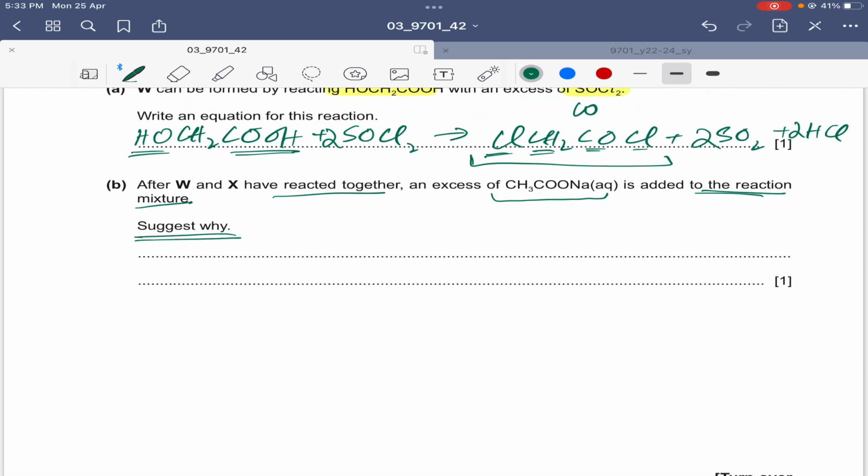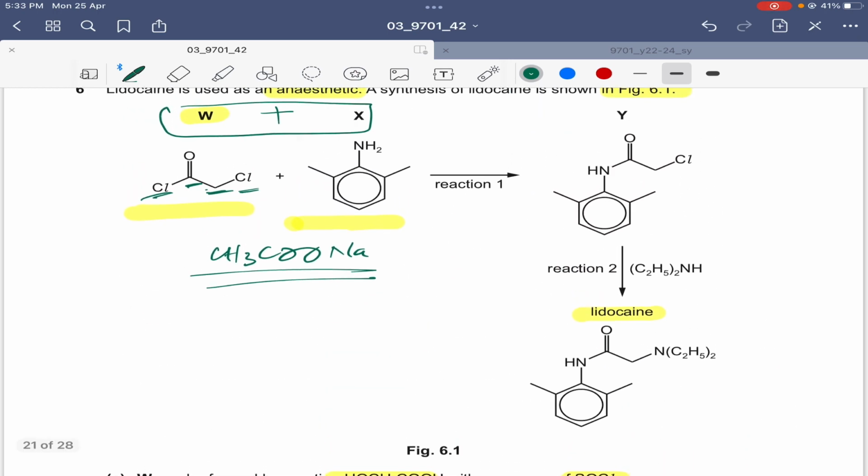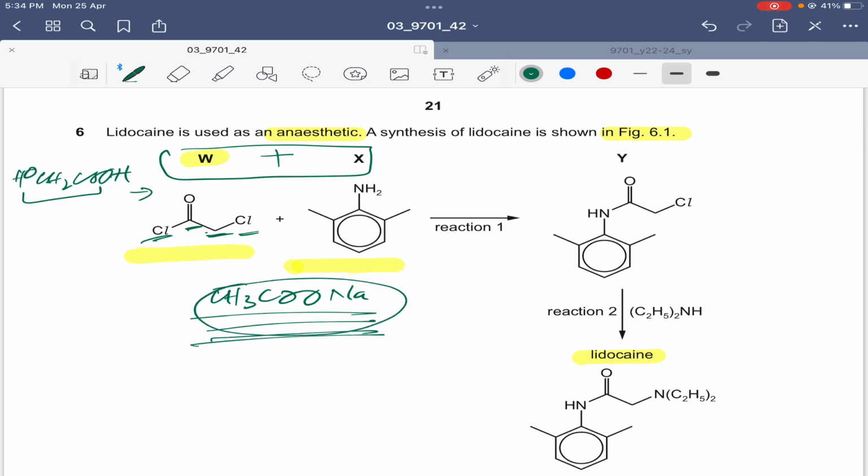So why would we have added sodium ethanoate? So the answer would be to neutralize any excess acid present, right? Because W was being formed from an acid, CH2, COOH, OH. So if we have any excess acid present in this reaction mixture, we want to neutralize it. So that's why we have added the salt, right?